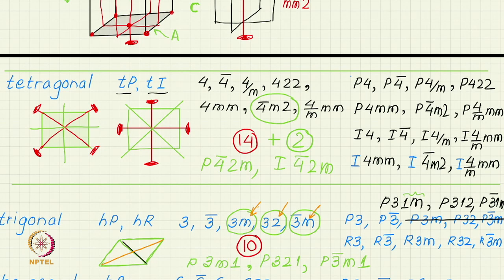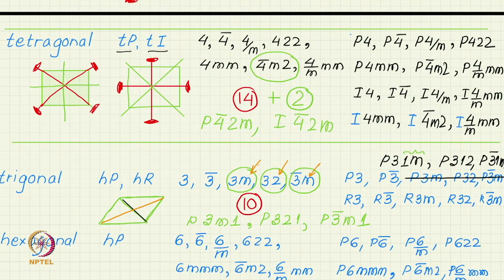So, you can see that 3 different new space groups are generated based on whether the mirror or two-fold in these 3 point groups are aligned along the short diagonal or long diagonal of the unit cell.